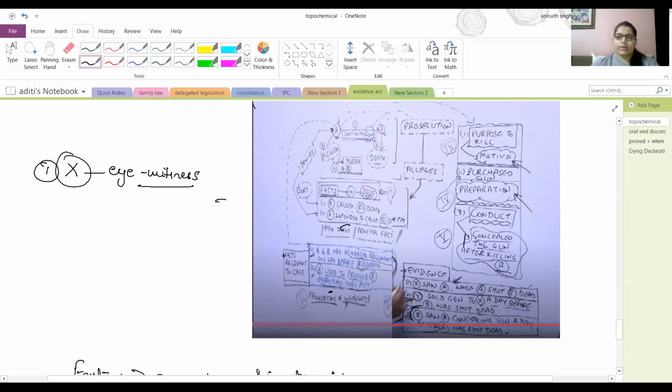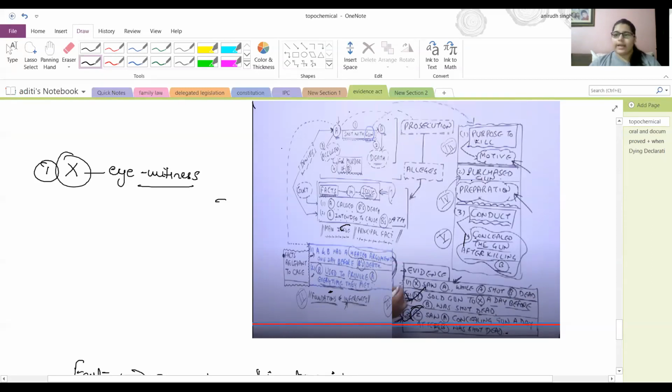And moving on to the second thing, that Y sold a gun to X a day before B was shot dead. Or the third statement, that Z saw A concealing a gun a day before B was shot dead. In these cases, these two statements, the second and the third, are your circumstantial evidence.